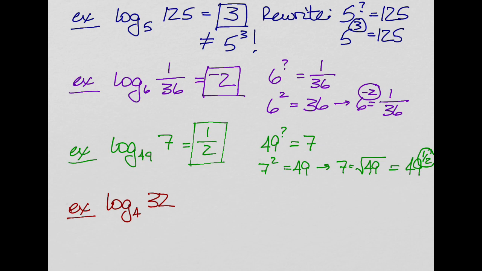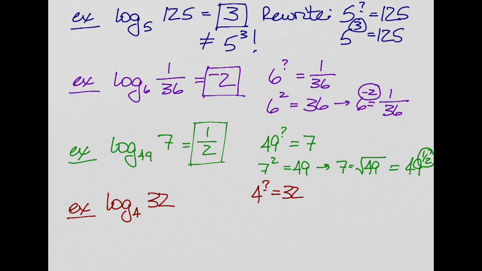If you're feeling brave, you can try the next one. I have log base 4 of 32. So I'm saying base, power, I don't know, and I want to end up with 32. Here's the problem. 4 to the second power is 16. 4 to the third power is 64. Neither of those is 32.